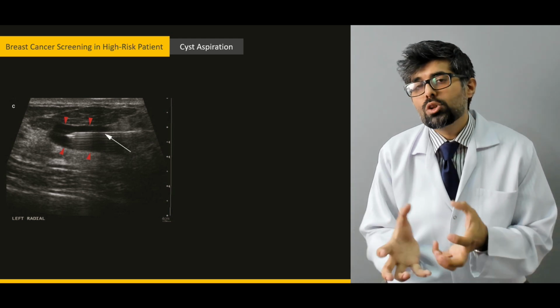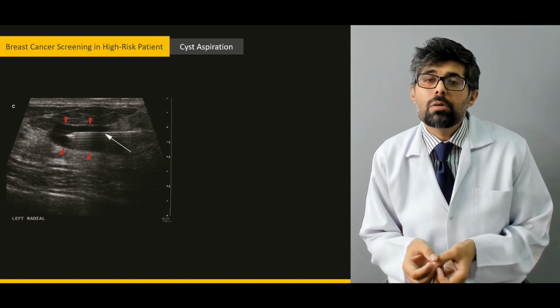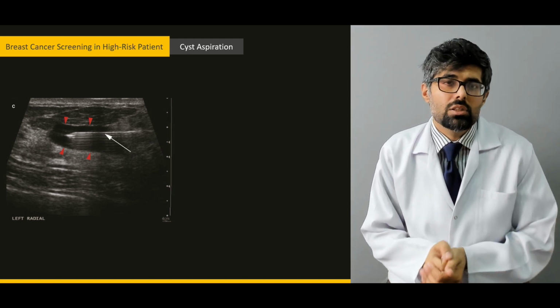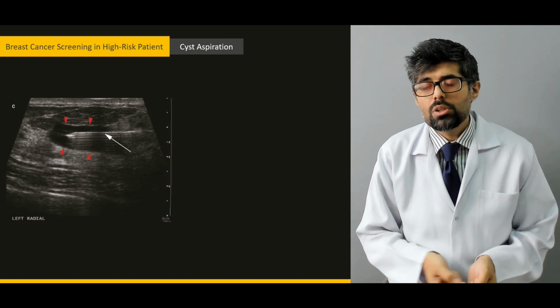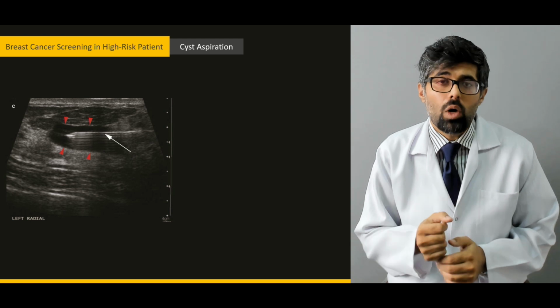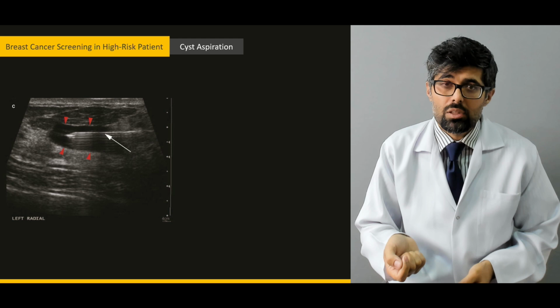The other most common feature of a high risk patient is that the patient has genetic markers. One of the most common markers found in patients are BRCA1 or BRCA2 markers.